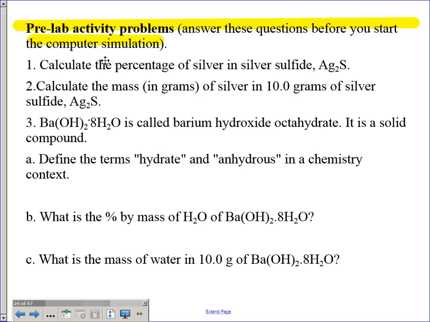So I'm doing barium, 137. And then the next part, I got two oxygen and two hydrogen. How much is here? 16. There's two oxygen, two hydrogen.